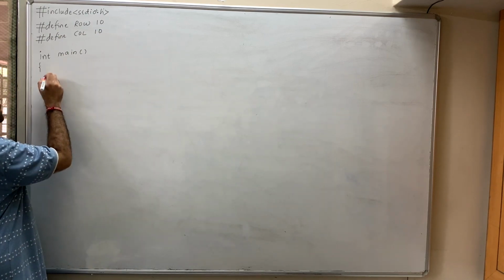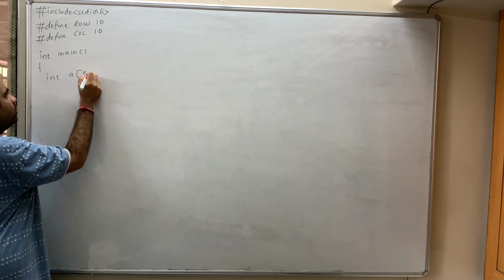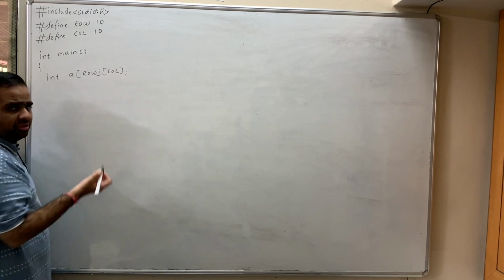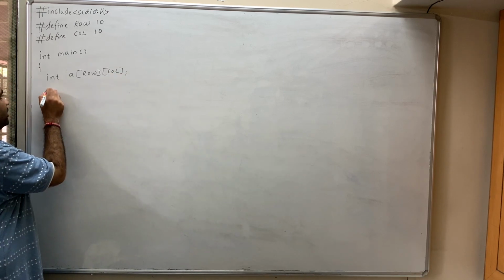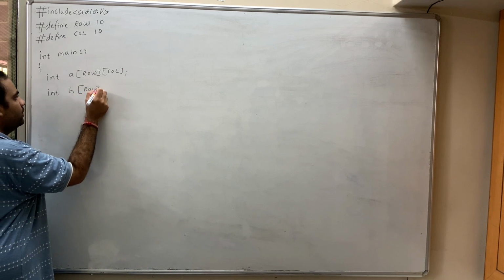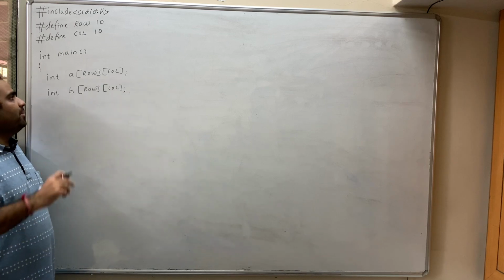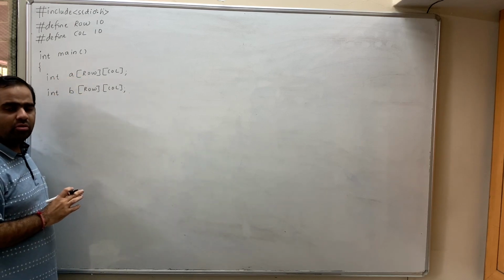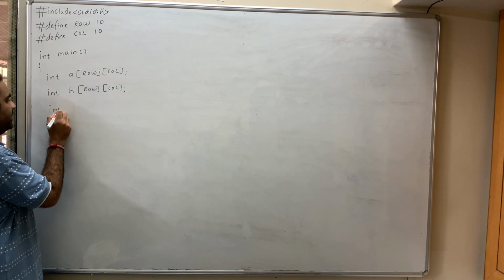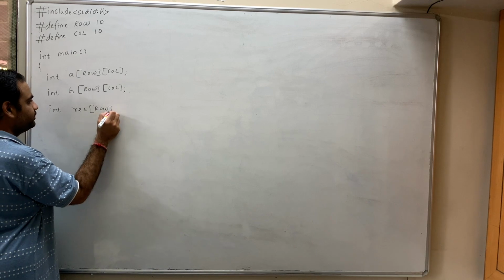Let's declare a matrix int A of row column, and we need two matrices because we want to multiply two matrices: int B of row column. After I multiply these two matrices, I want to store the answer in the resultant matrix.